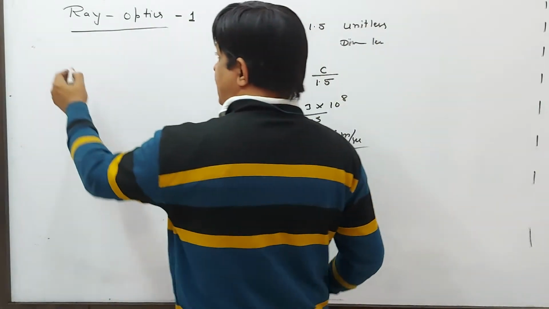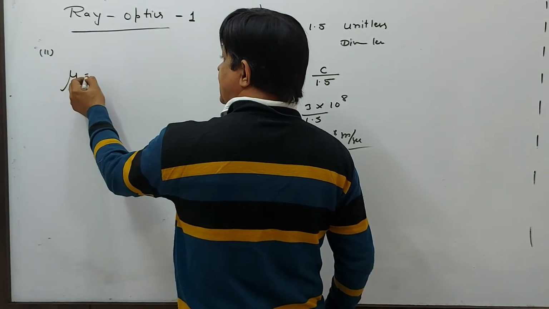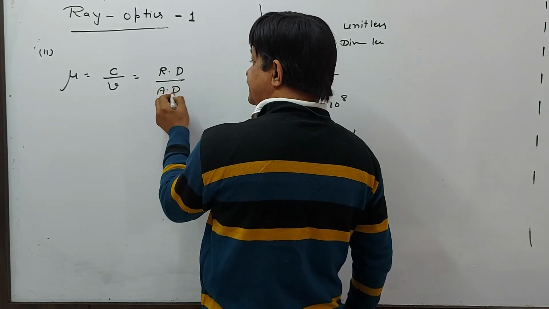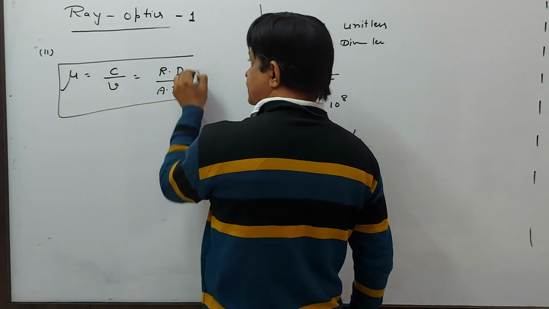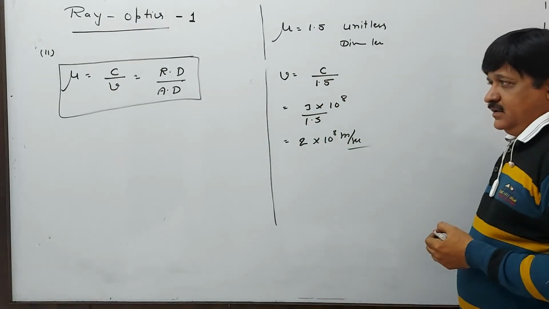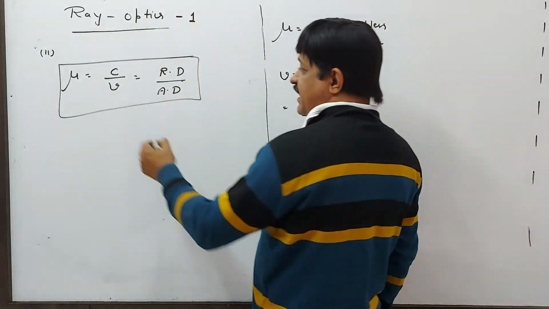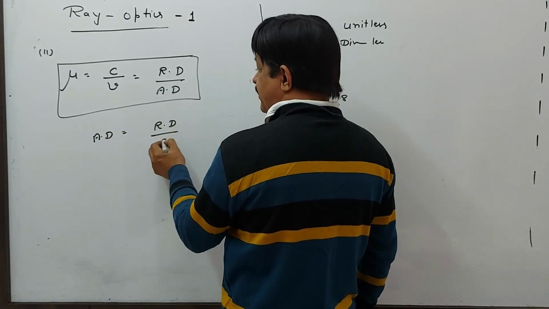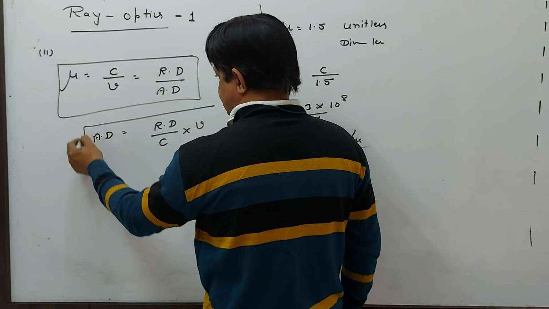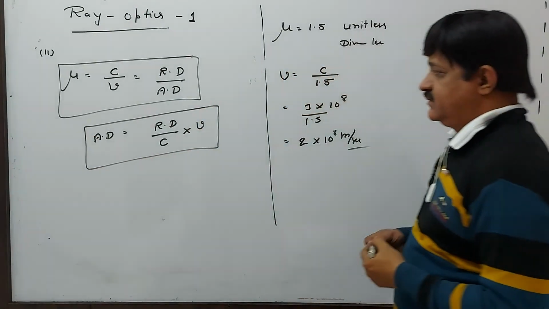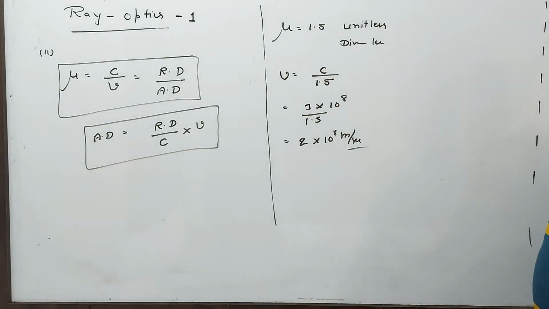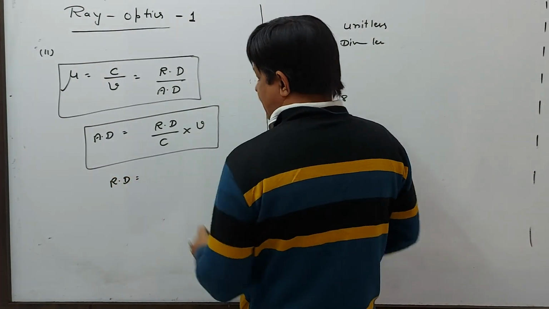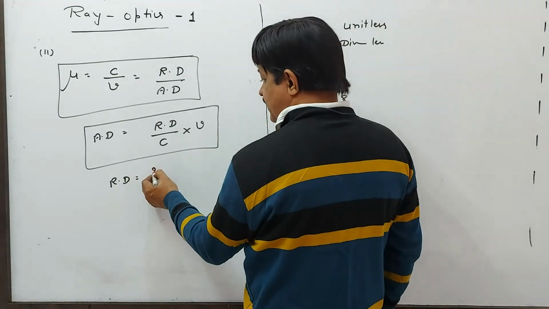You can also equate these two expressions as mu is c by v and also equal to real depth upon apparent depth. So the apparent depth can be written like this also: real depth into v upon c. Like, real depth in the medium is given as 20 meter.